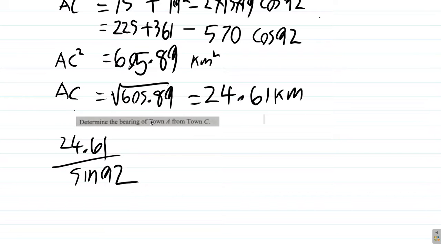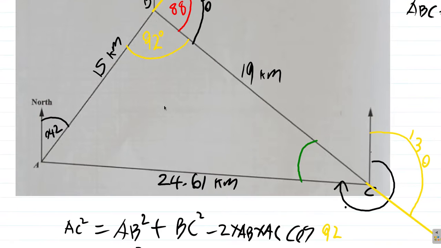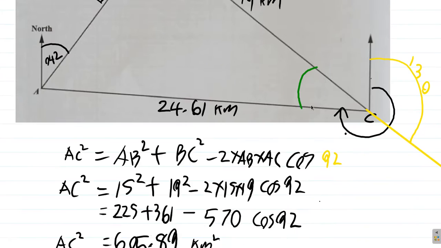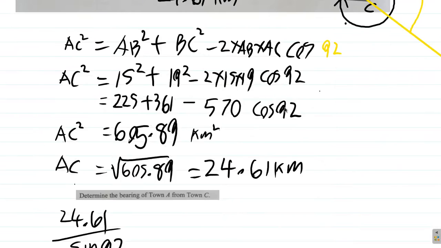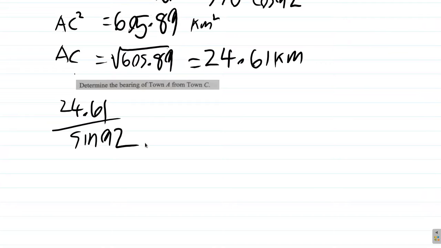All right. So 24.61 over sine 92 equals 15 over sine ACB. So that's equal to 15 over sine ACB.